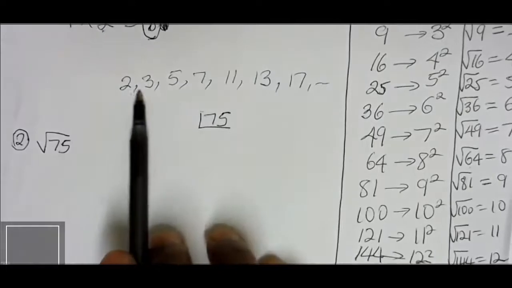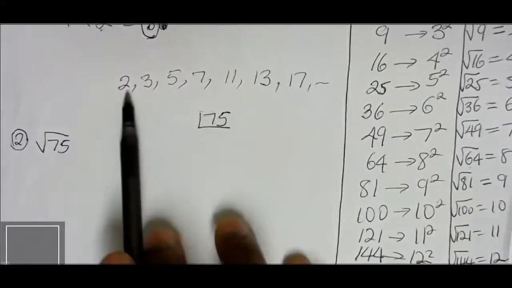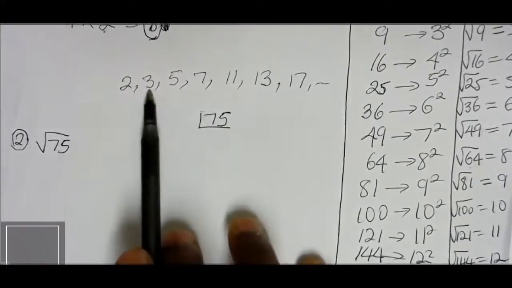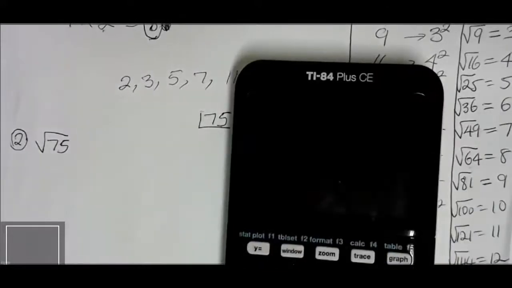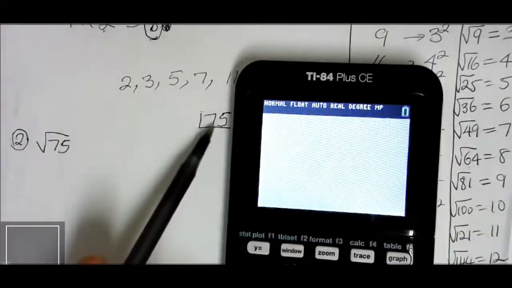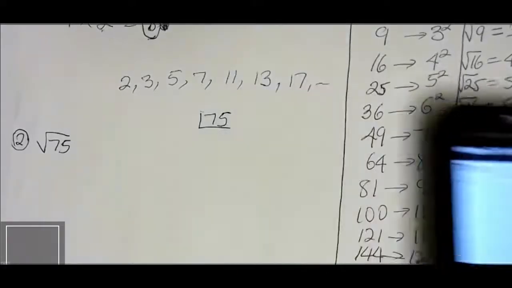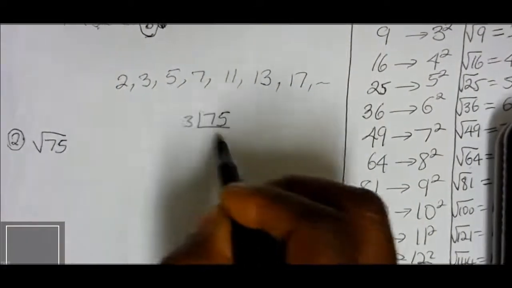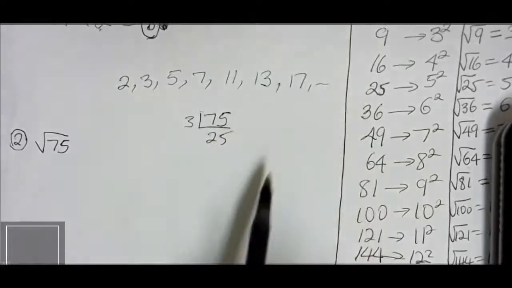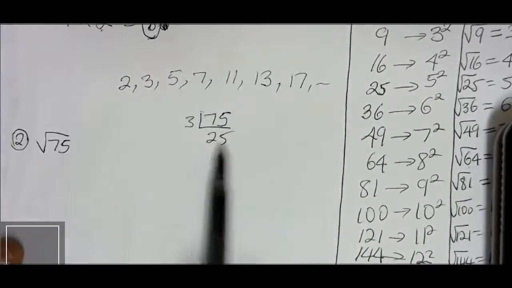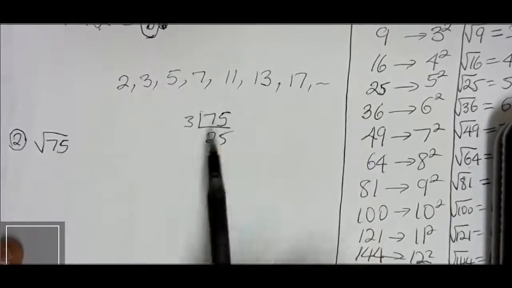So we try to divide 75. 2 cannot go into 75. Can 3 go? If the sum of the digits, 7 plus 5, can divide by 3, then it will. So 75 divided by 3 is 25. And look, 25 is a perfect square.